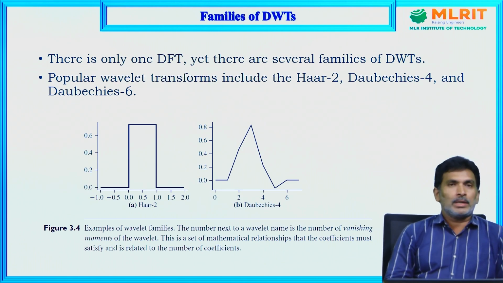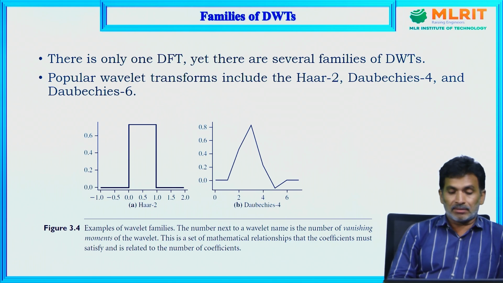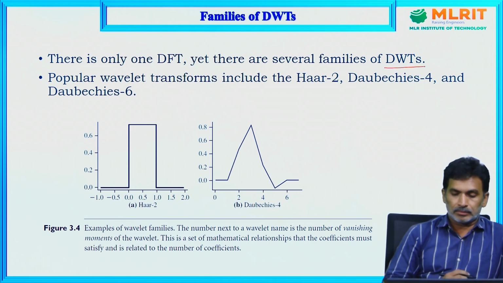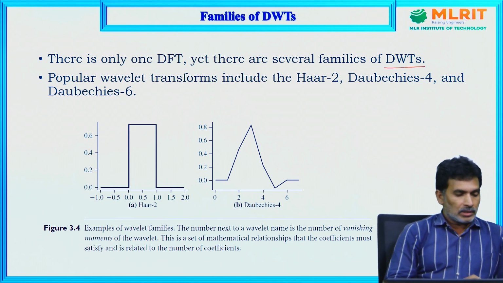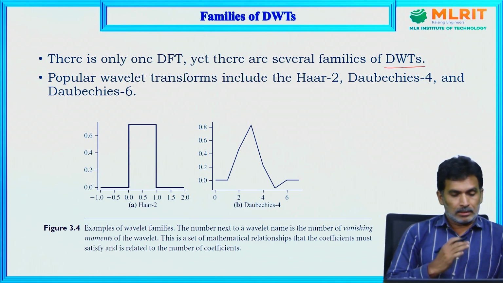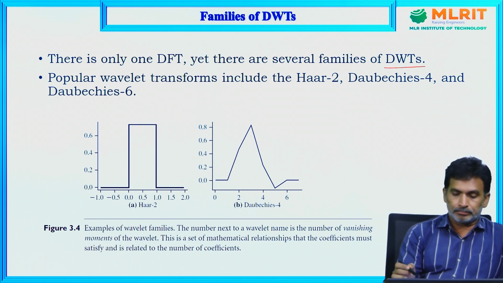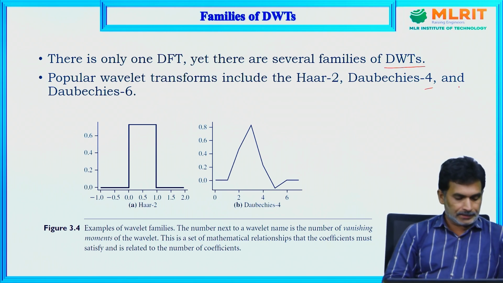So there is only one discrete Fourier transform, but there are several families of discrete wavelet transforms. Mainly a few discrete wavelet transforms are popular, which include the Haar, Daubechies 4 and 6.